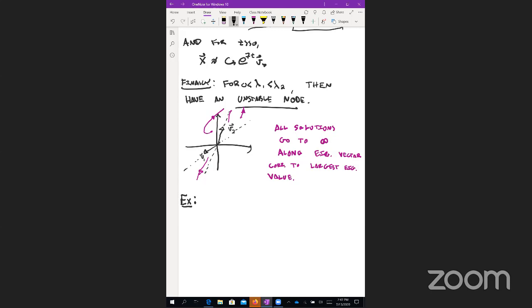So what about the following system? Consider the following system of differential equations. x prime equals y, y prime equals minus x.